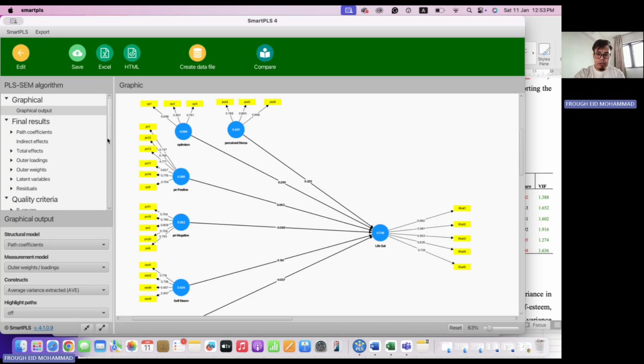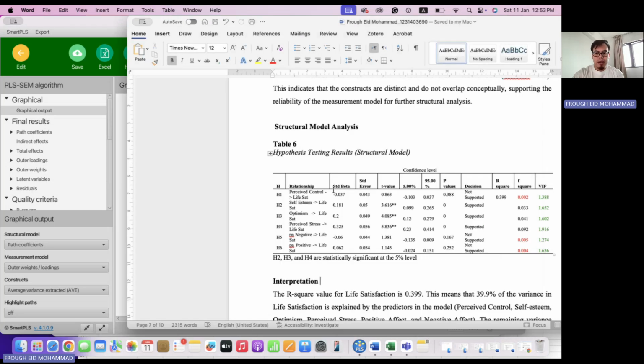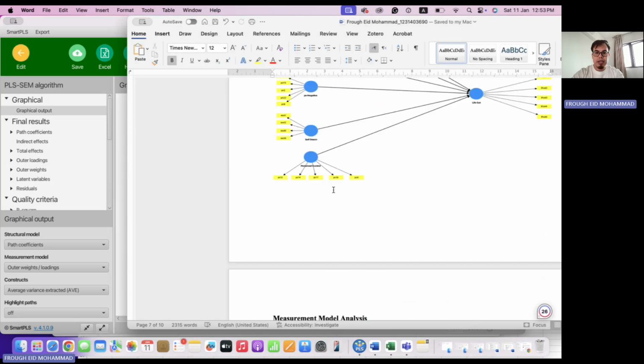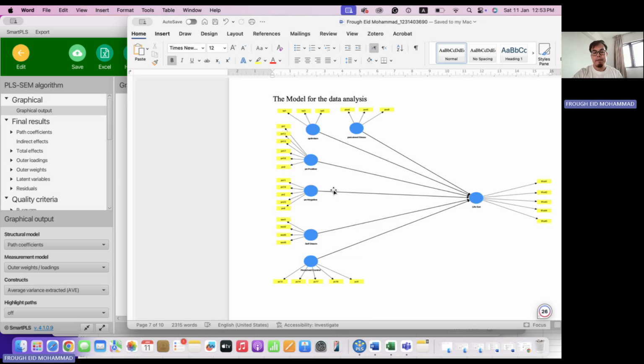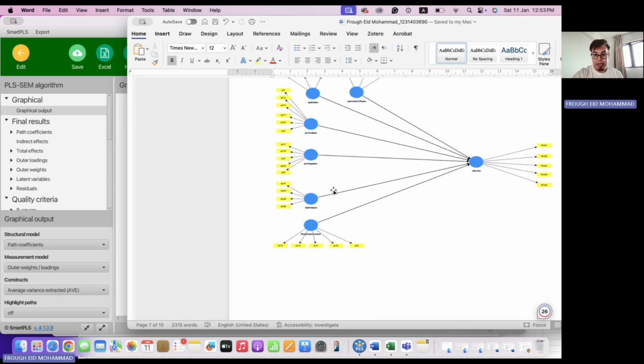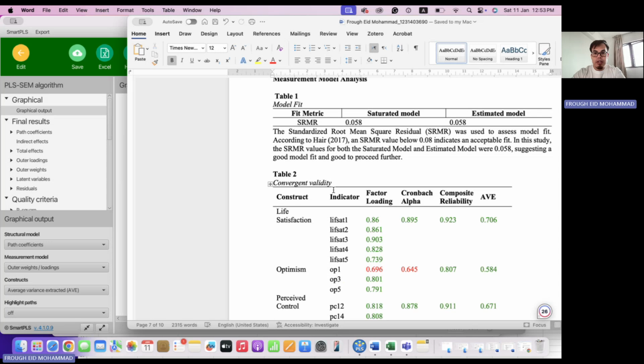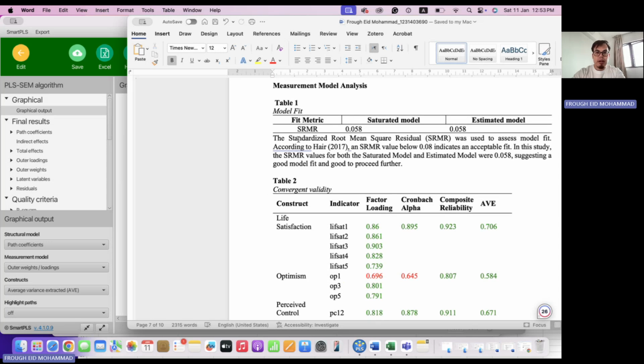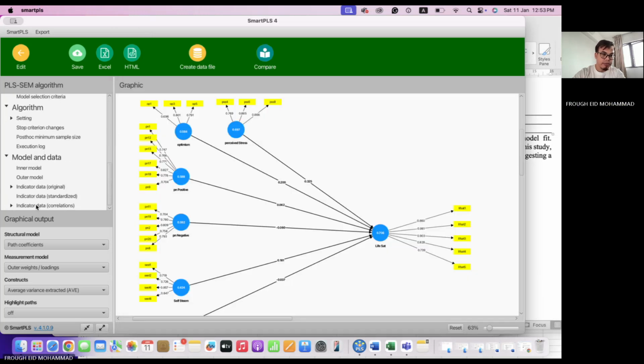For the data to be extracted here in my written assignment, I've started with the measurement model. This is the model that I have extracted, copy pasted from the PLS. With the measurement, first, I've gone with the model fit. The model fit should be here.